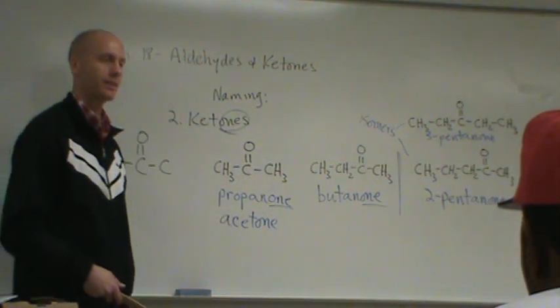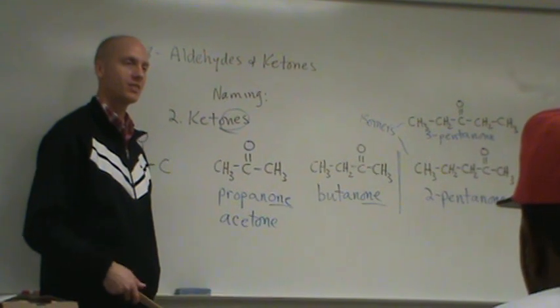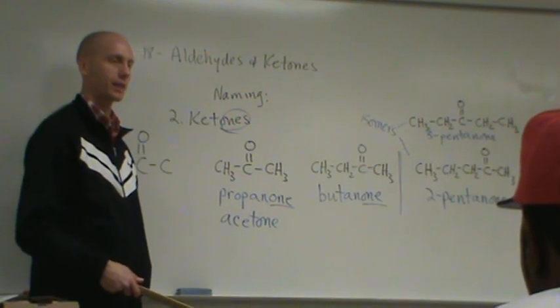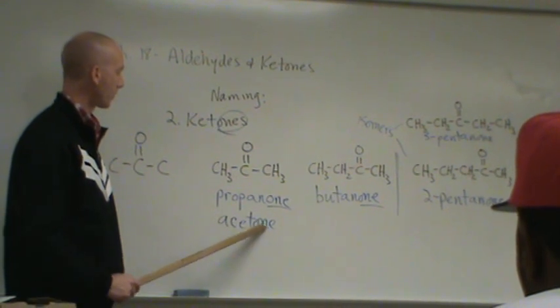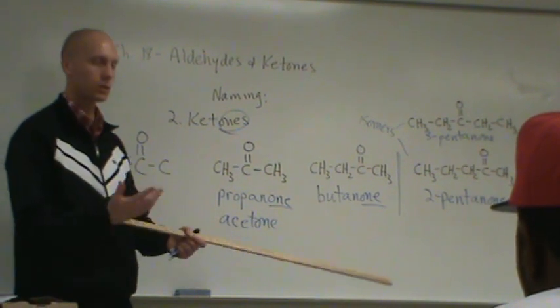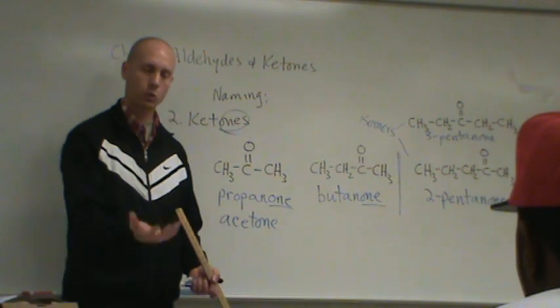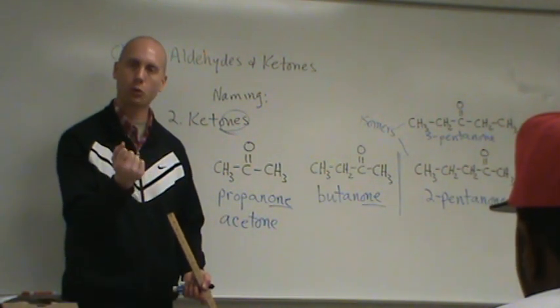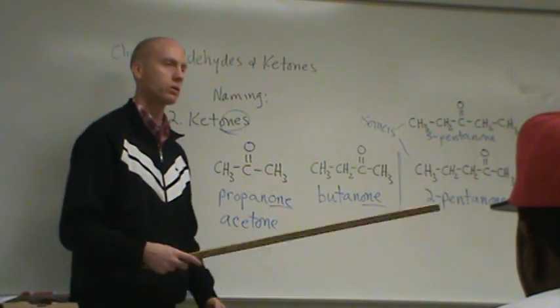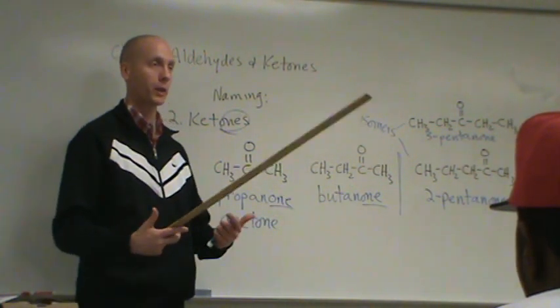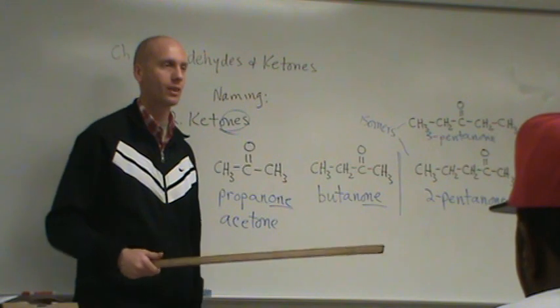Is that orange or red? Okay. We'll take that scarlet off. Okay, so if you get this on your hands, acetone evaporates real quick, so your hand will feel real cold. That's the way sweat works. Okay, bodies were designed for sweat to cool you down.